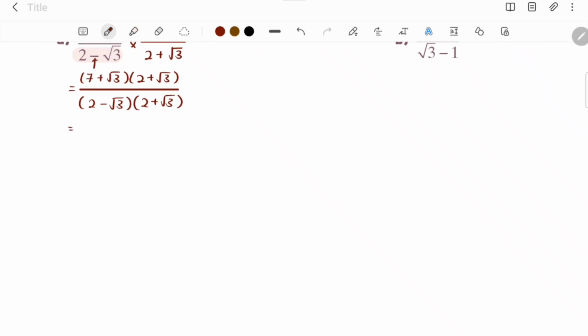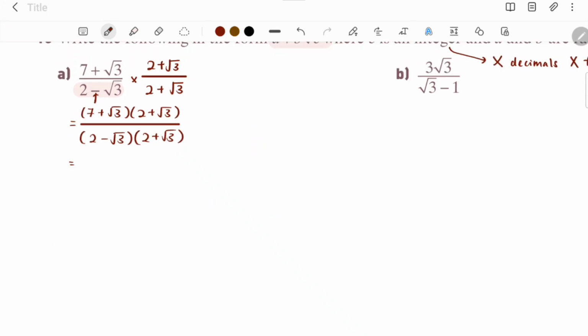So 7 times 2, 14. 7 times surd 3 plus 7 surd 3. Surd 3 times 2 plus 2 surd 3. Surd 3 times surd 3 plus 3. Over 2 times 2, 4. And then negative positive, so you can straight away ignore it.